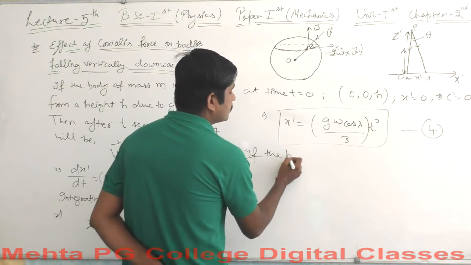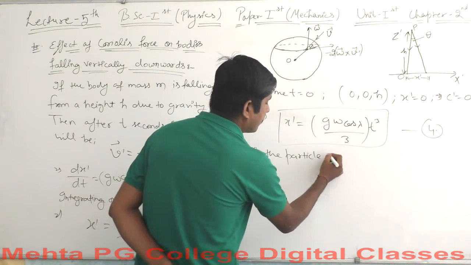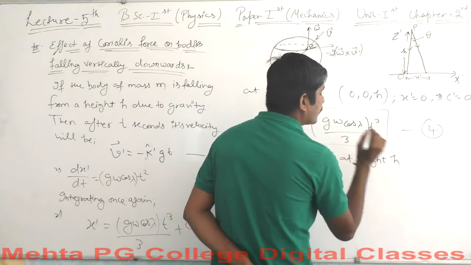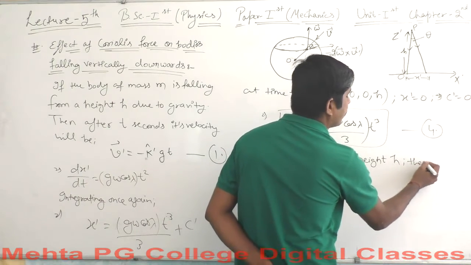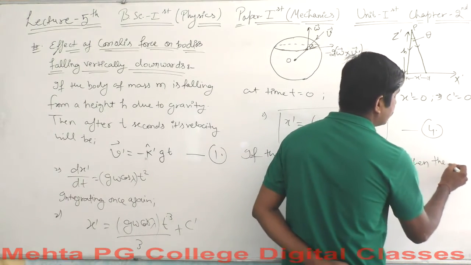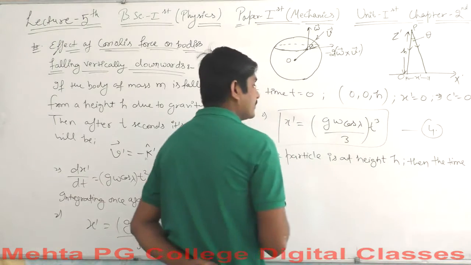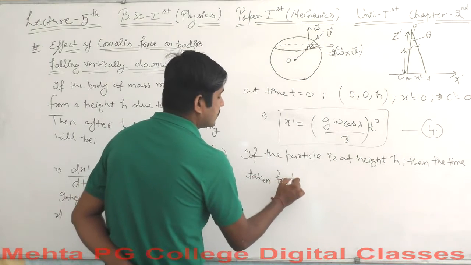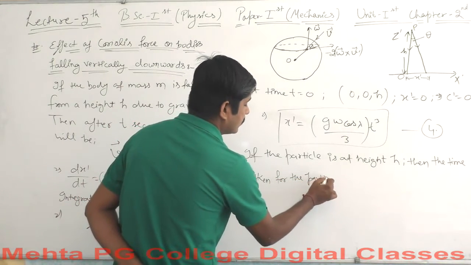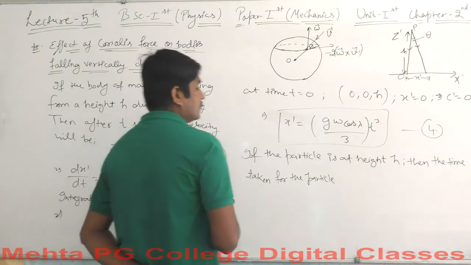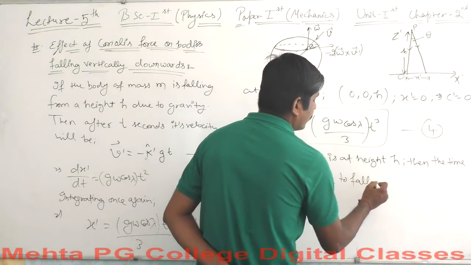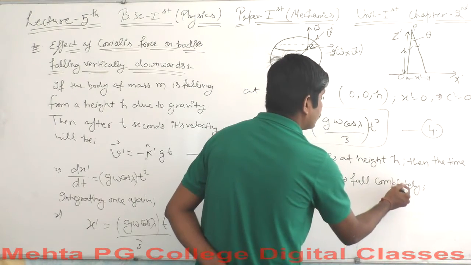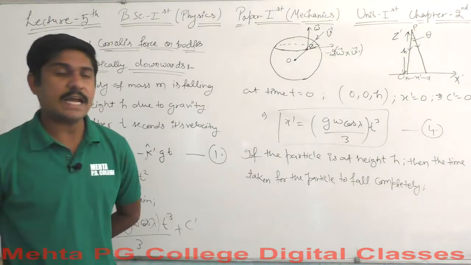If the particle is at height h, then the time taken for the particle to fall completely, what should be the value of time?